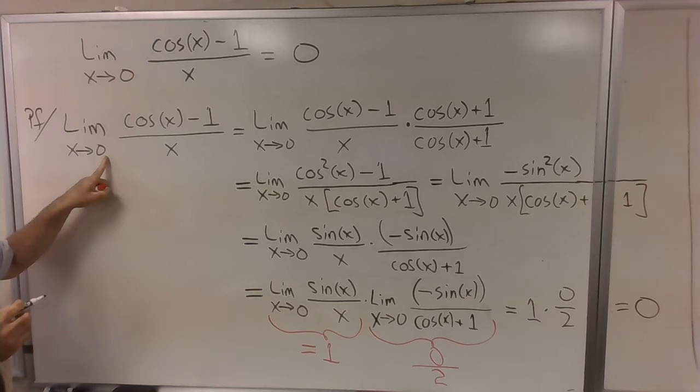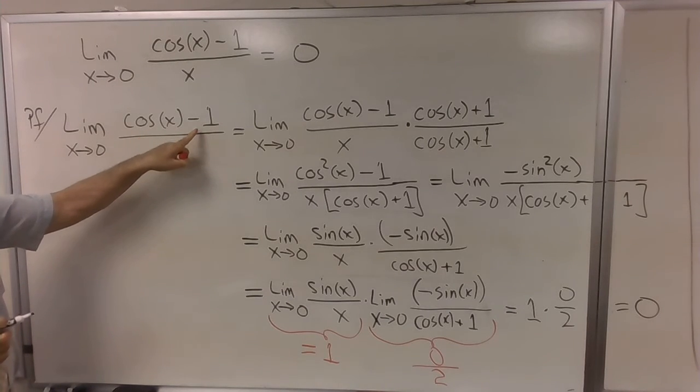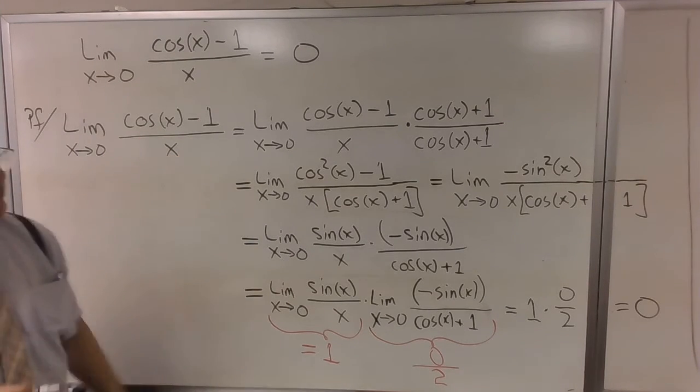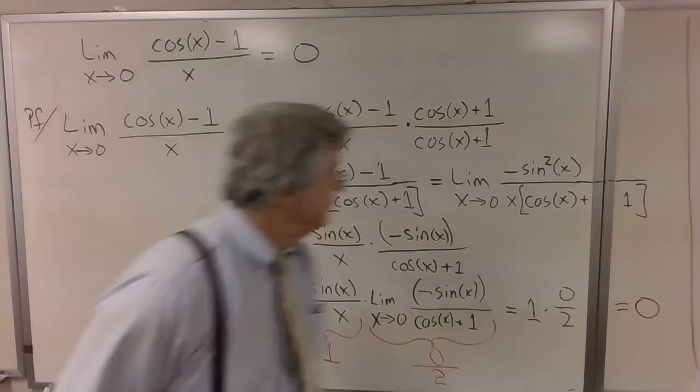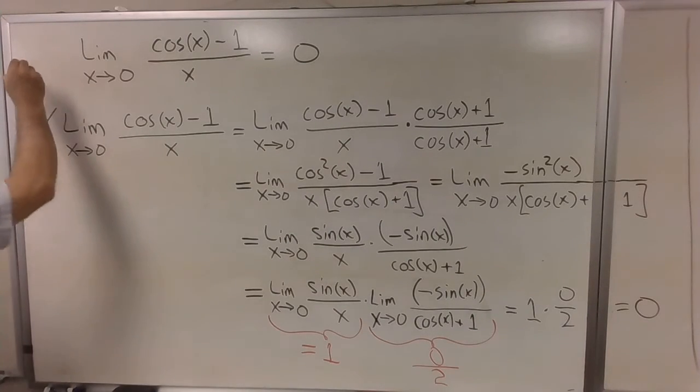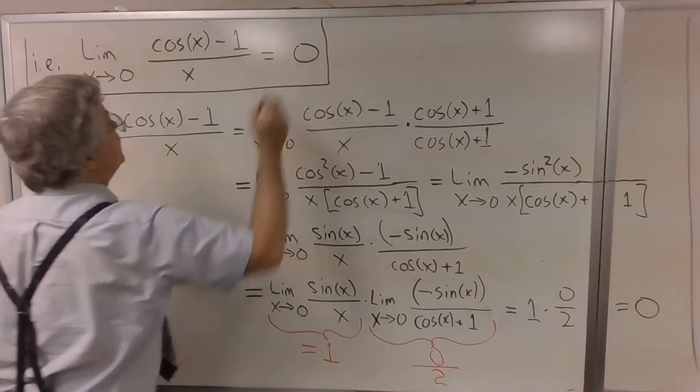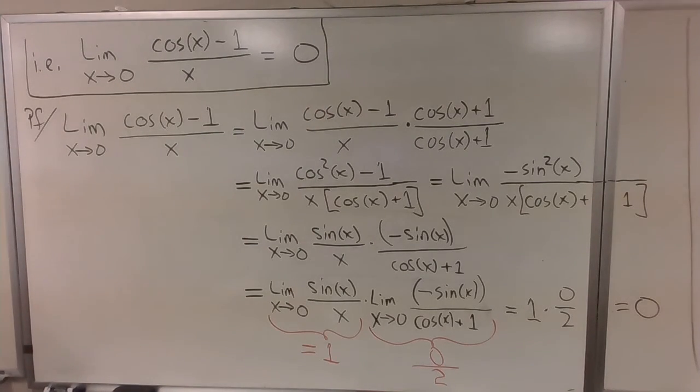So the limit as x goes to 0 of cosine of x minus 1 over x equals 0. That is exactly what we set out to prove.